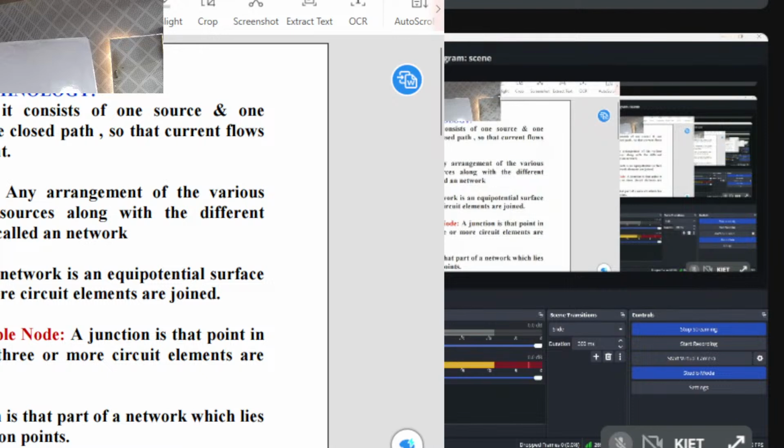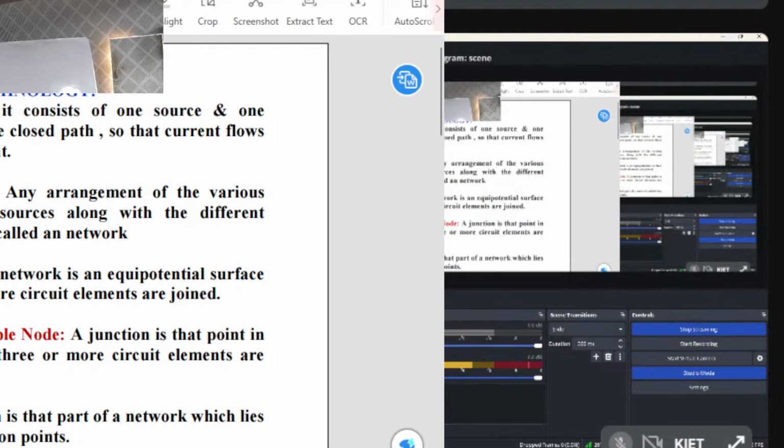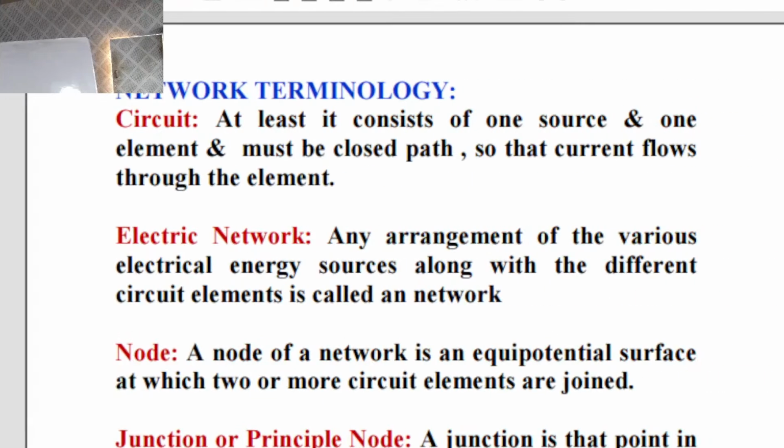In that electrical circuit, resistance is present, voltage is present, inductance is present, capacitance is present. Then how to analyze the circuits? All are present. But we need to know what is a circuit, what is an electric network, what is a node, what is a junction, what is a branch, what is a loop, what is a mesh, what is a circuit parameter.